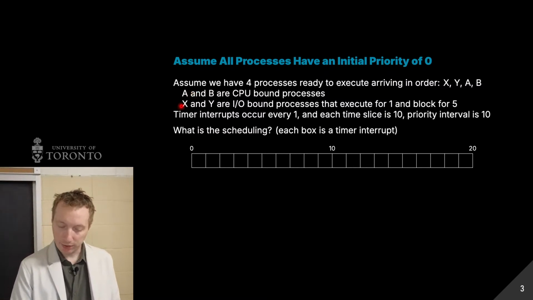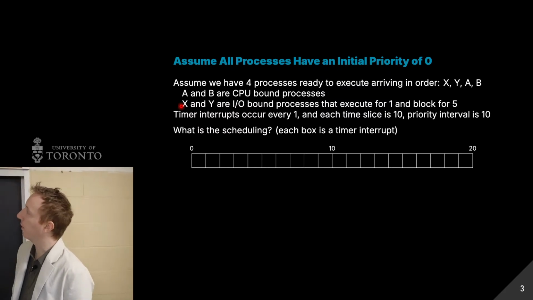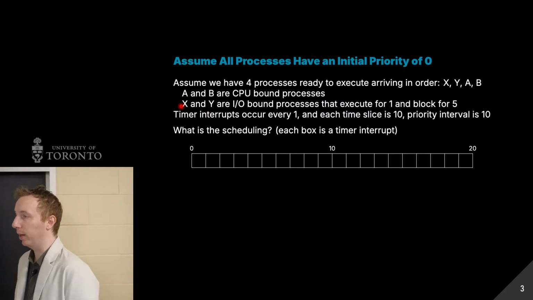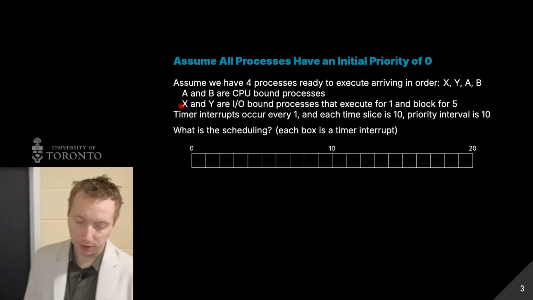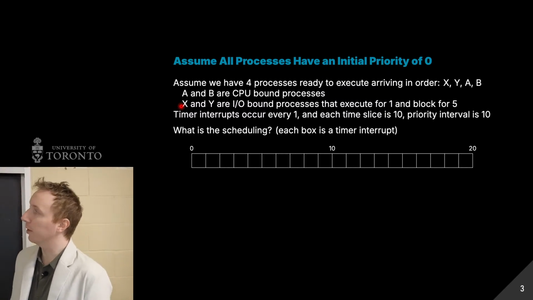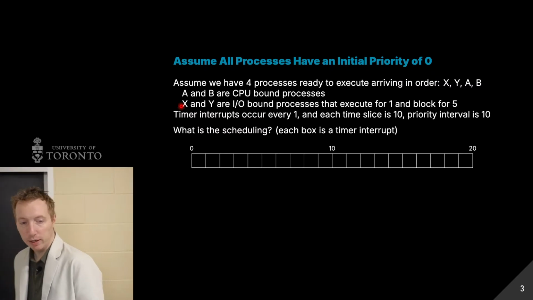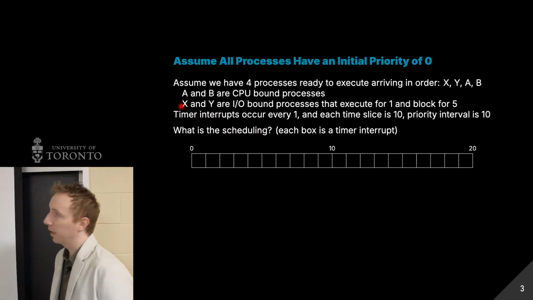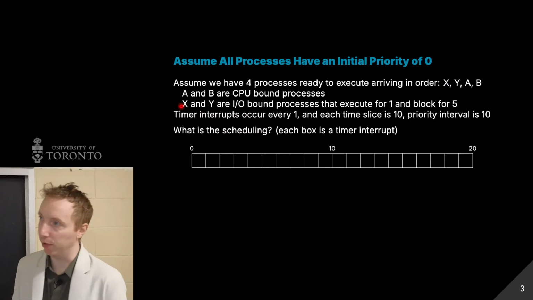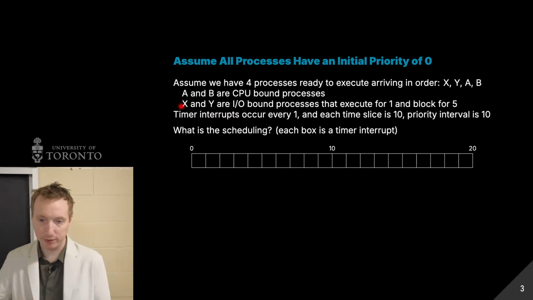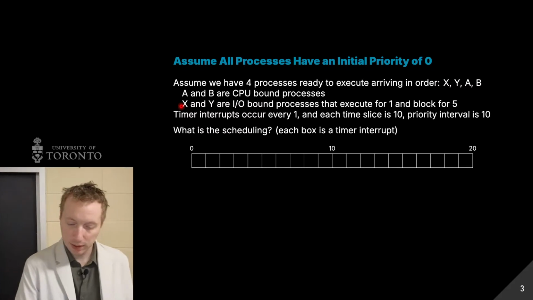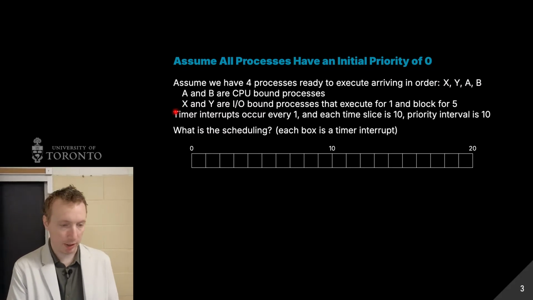And X and Y are IO-bound processes. That means they are waiting for a read system call or something like that. They get blocked. So we model it as: they execute for 1 time unit, and then they get blocked for 5. They actually can't execute for 5, because they're waiting on a read system call to return or something like that. So we should schedule something else to run.